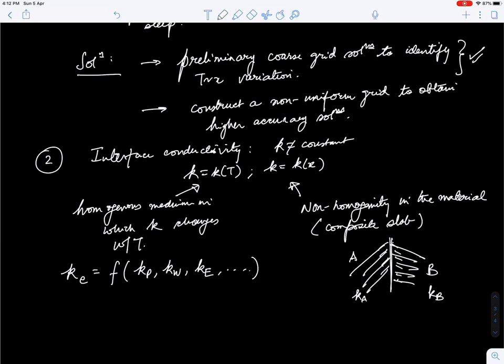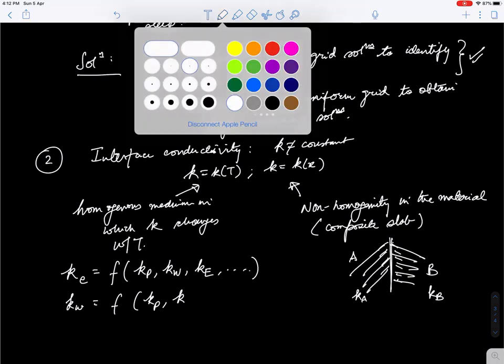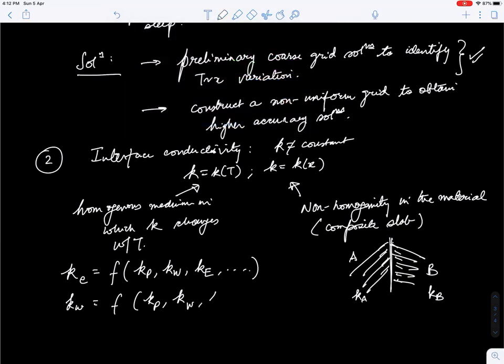Actually, the schemes could be even more extensive, but this is the idea that we should be able to write our interface conductivities as some function of these nodal values. So the question is, how do we choose these values, or how do we decide what should be the interface conductivity?